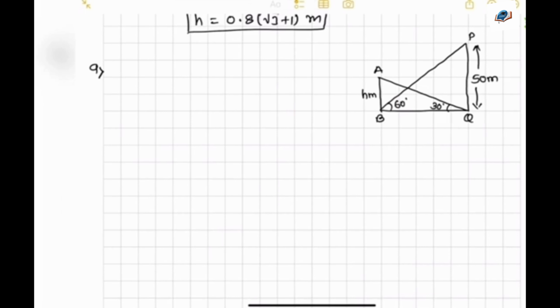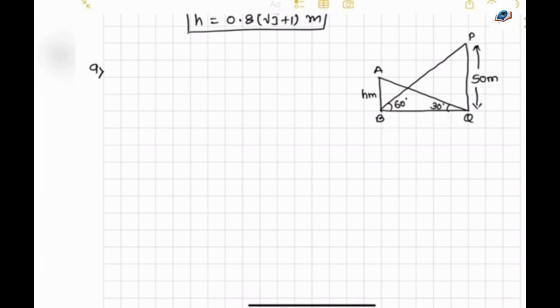Now, next says the angle of elevation of the top of a building from the foot of a tower is 30 and angle of elevation of the top of the tower from the foot of building is 60. If the tower is 50-meter high, find the height of the building.